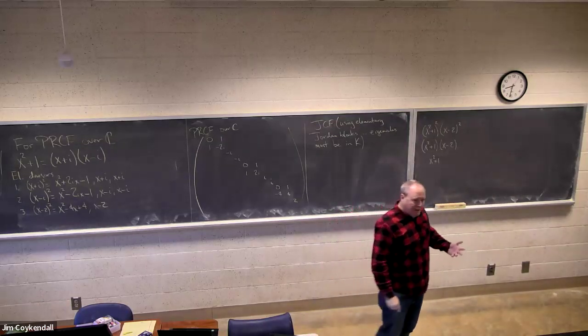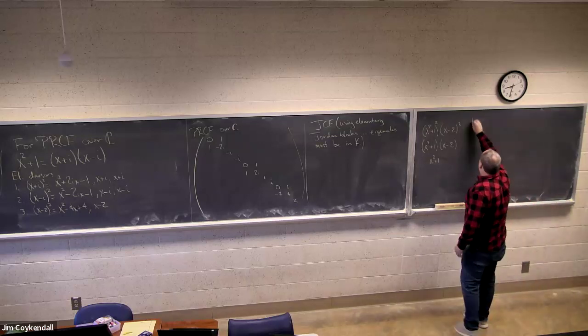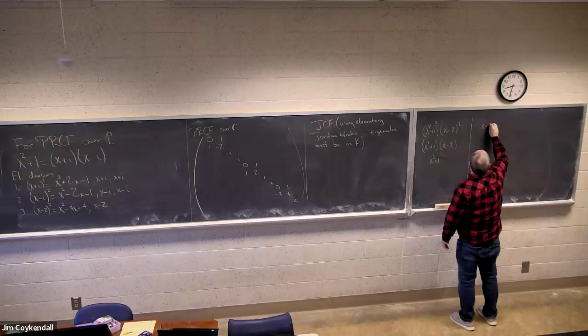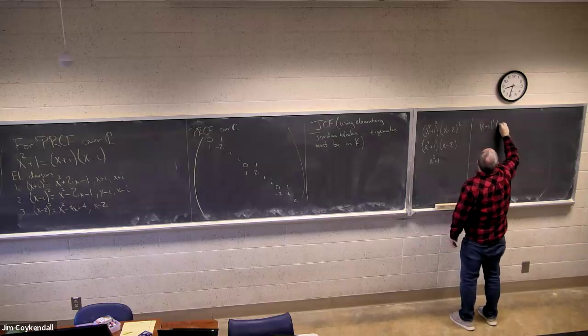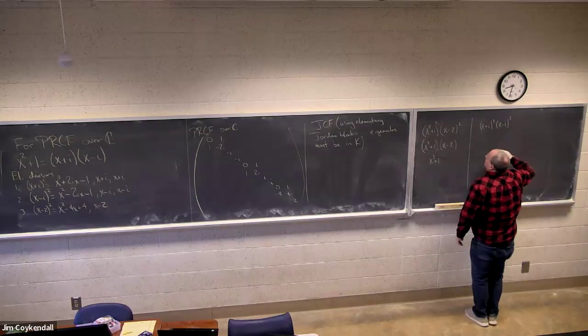So basically what you need is you need the elementary divisors again. So back to this way, x plus i squared, x minus i.